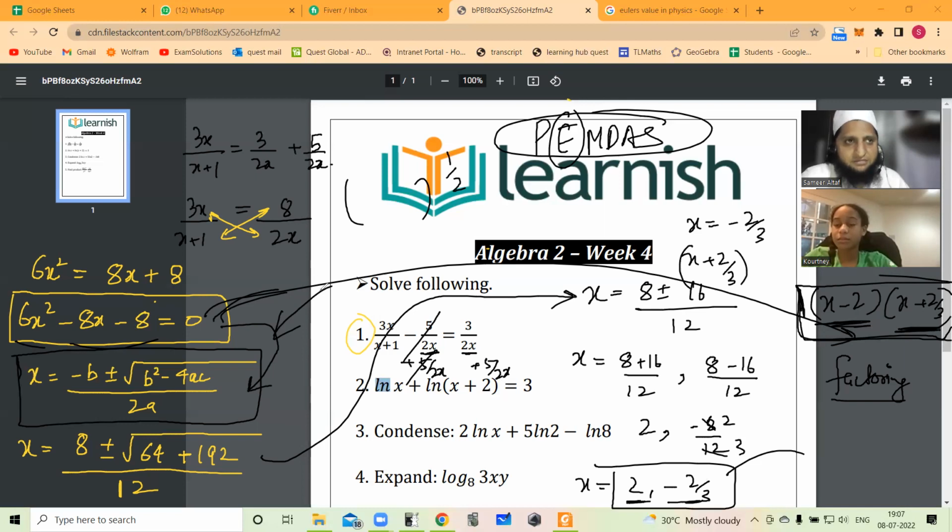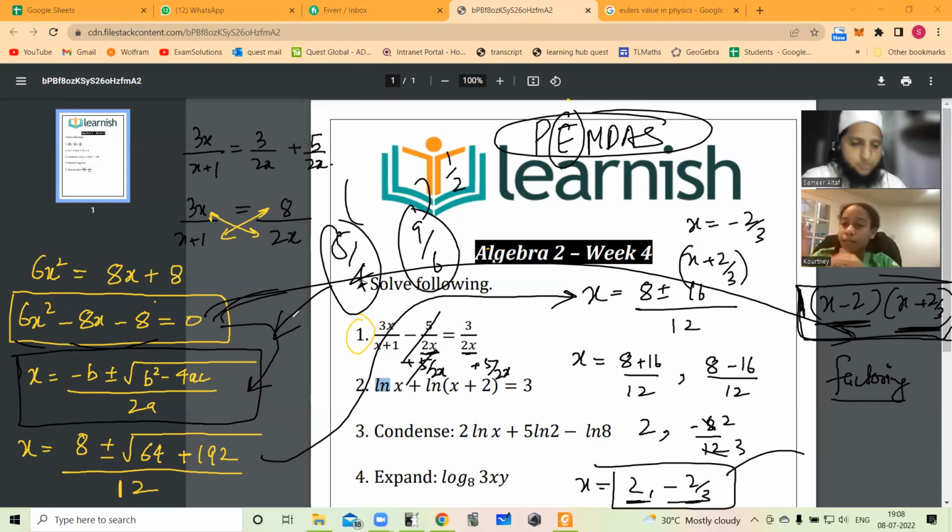If they are fractions like 5 over 4 or 9 over 6, how can you get them? That becomes more difficult. That's why using the quadratic formula, you can get the answers quicker. So we got x as 2 and negative 2 over 3. Right? Yes. Okay, now let's move to the next one.